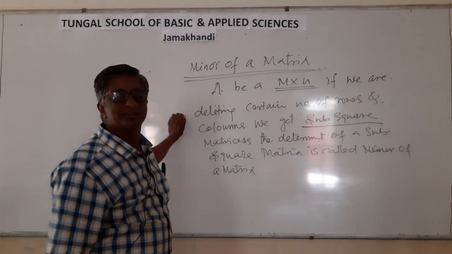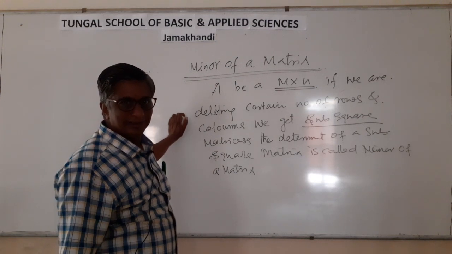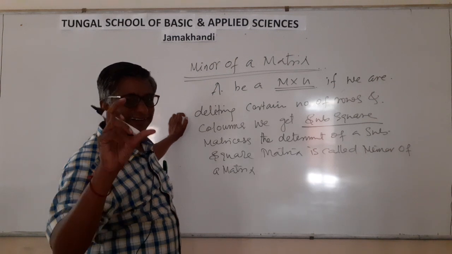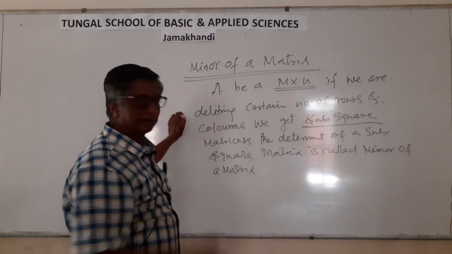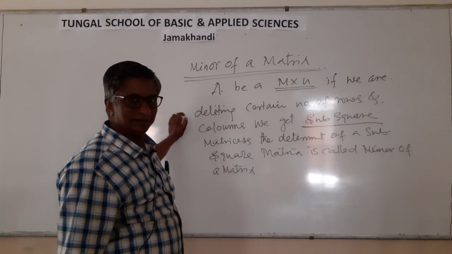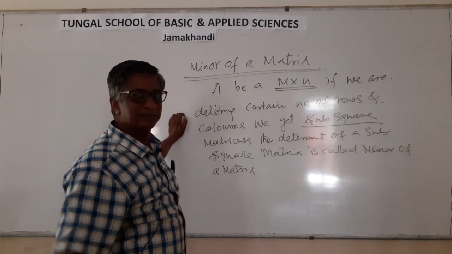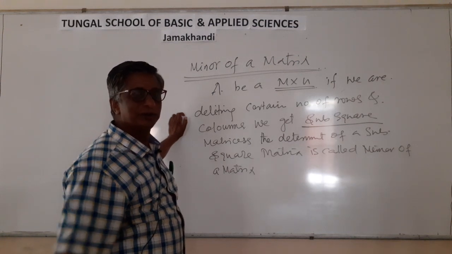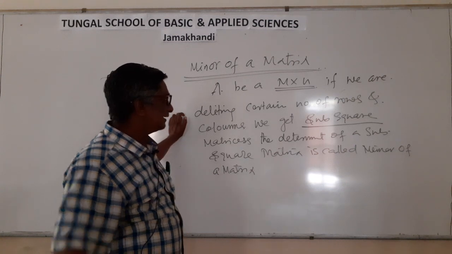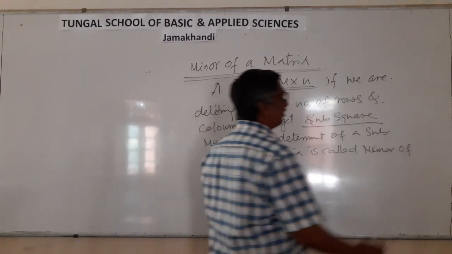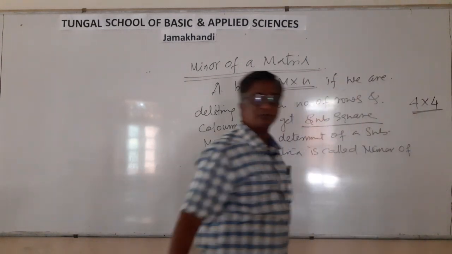Sir, we have not studied determinants. You already studied the determinant in PU class. Again, here I will explain the determinant. Not small determinants like 2 into 2, 3 into 3. In BSc, I am discussing determinants of order 4 by 4, not small.